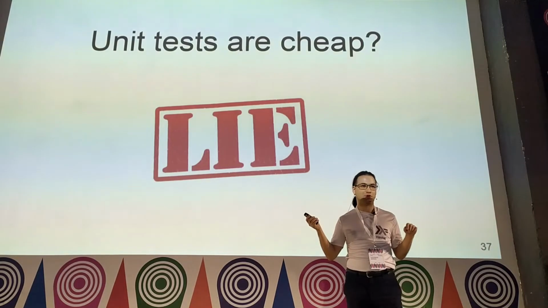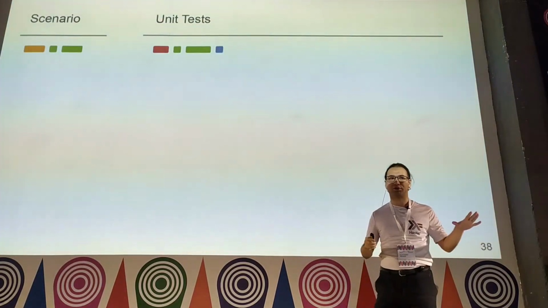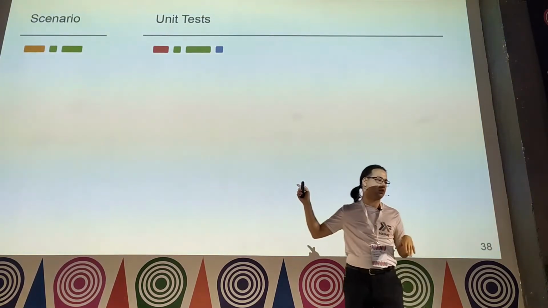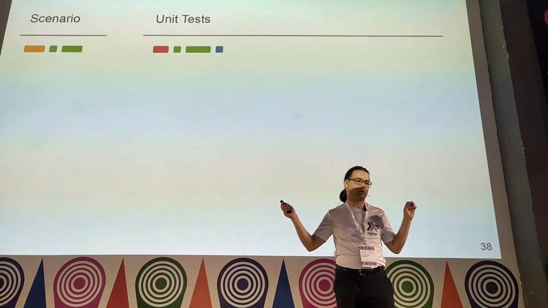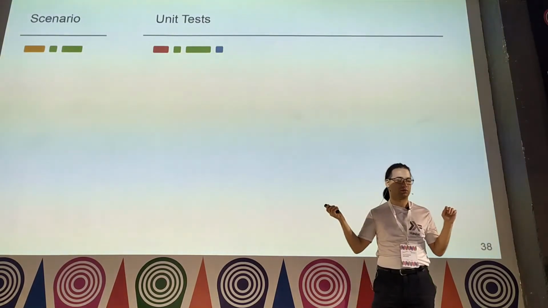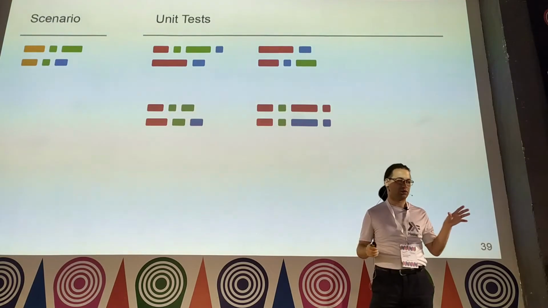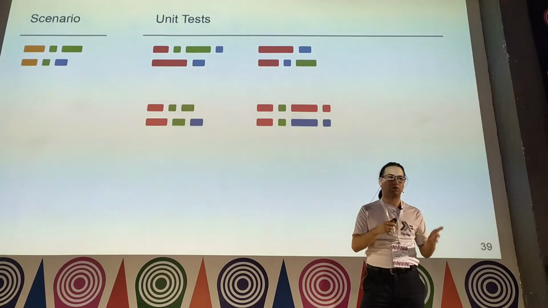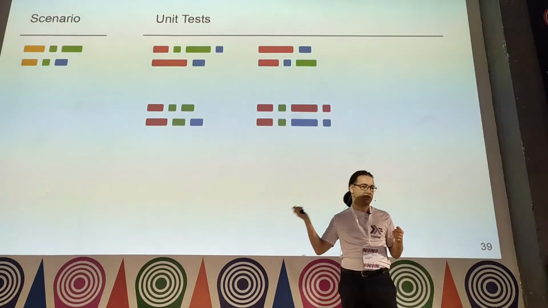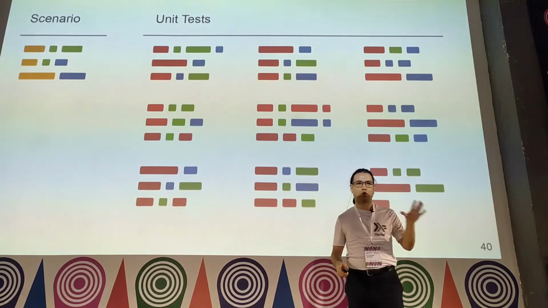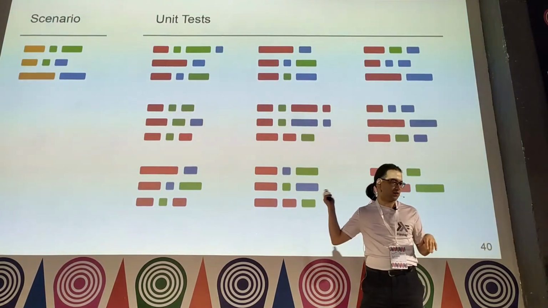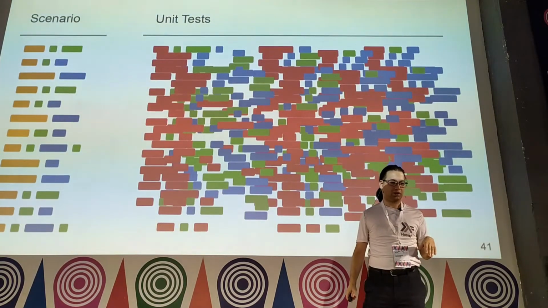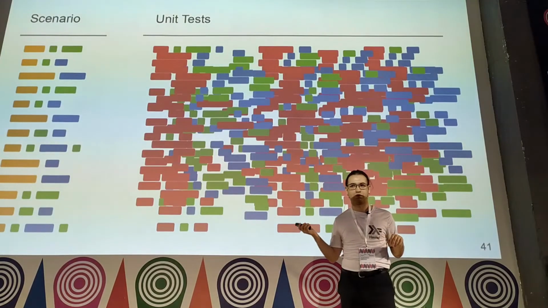It's a lie. Because when you have a scenario, you write a unit test. It's a simple scenario that contains only one row, and the unit test will be simple as well. But once you add a new line to your scenario, unit tests start to grow in count and in length and in complexity, and it becomes even worse. Time passes, you have a very complex scenario and ridiculously complex unit tests.